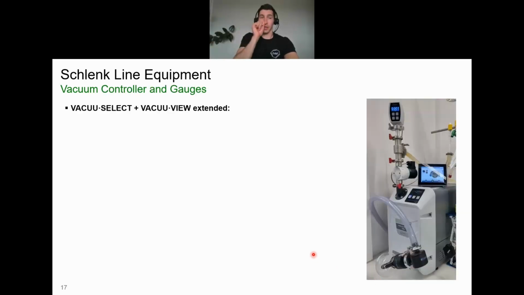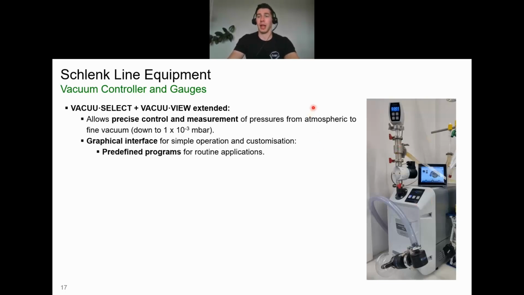Another fantastic bit of equipment, particularly from VacuBrand, is the VacuSelect and VacuView extended. These are the vacuum controller and gauges shown in the picture here. Together they allow precise control and measurement of pressures all the way from atmospheric pressure down to fine vacuum, even down to 1 × 10⁻³ millibar, which you see in both of the displays.